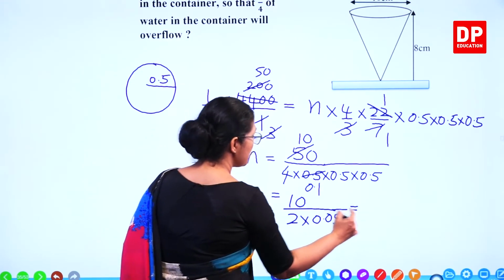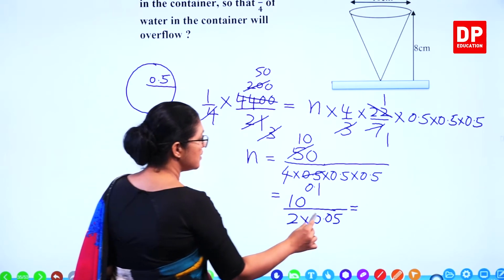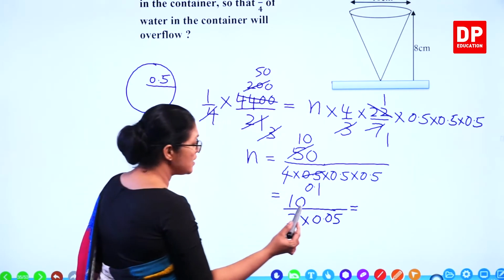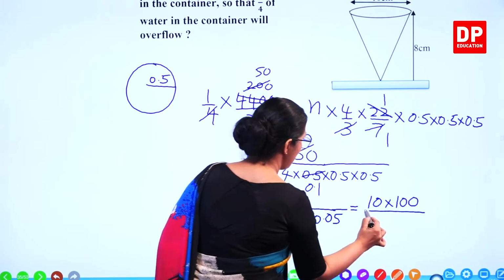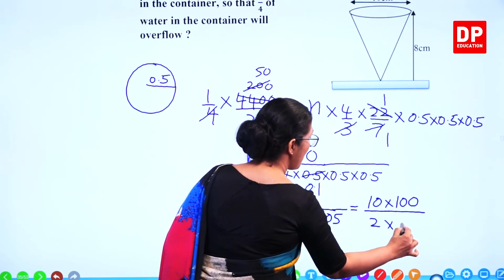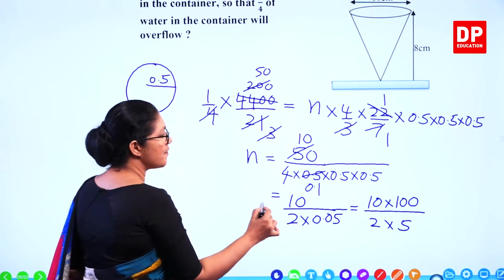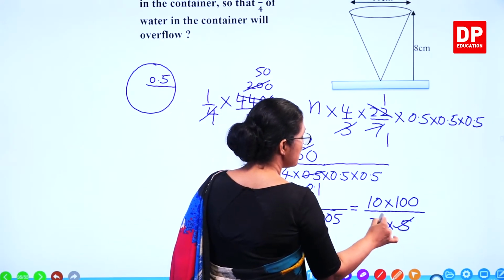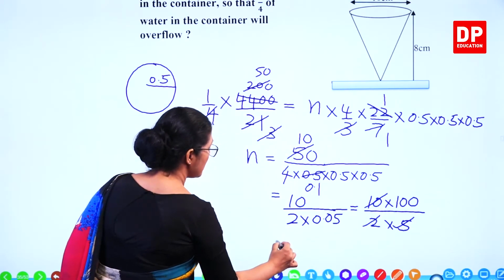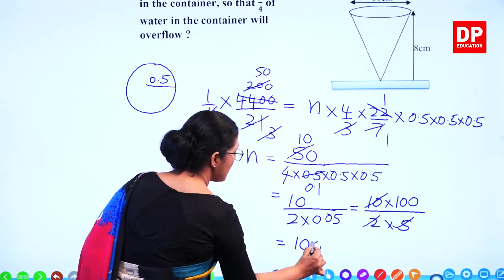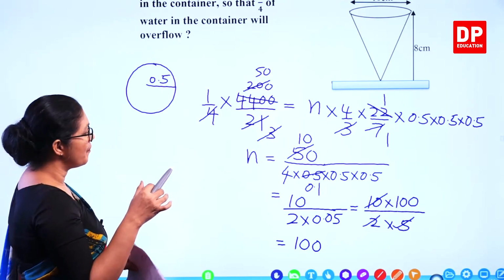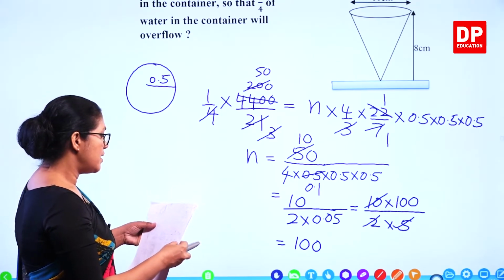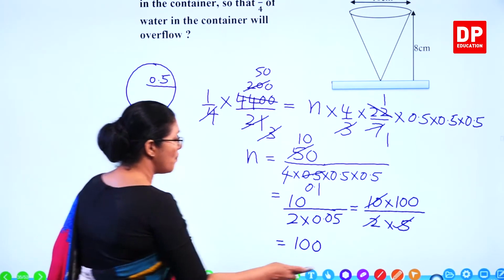Now we'll multiply by 100 to get rid of this decimal point. 10 into 100 becomes 2 here and 5. 2 times 5, 10, and you get 100 spherical balls you have to immerse in the cone. So 100 is the answer, so you get 4 marks for that.